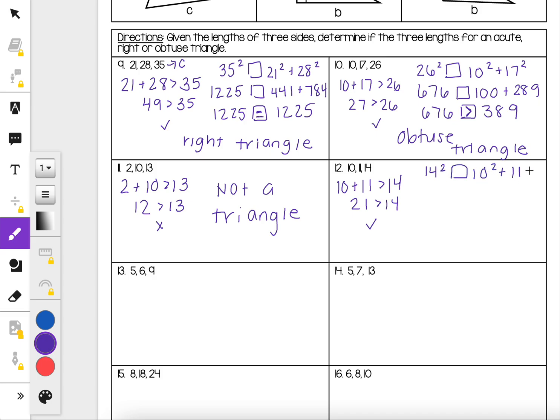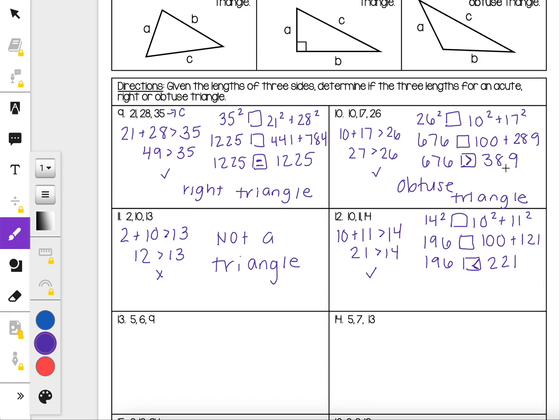of triangle we have. So 14 squared is 196. It's greater than 100 plus 121. So 196 in this case is going to be less than 221.